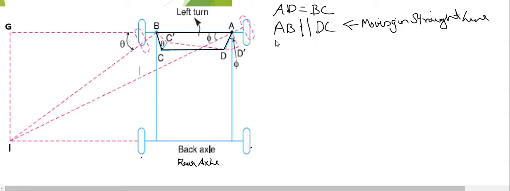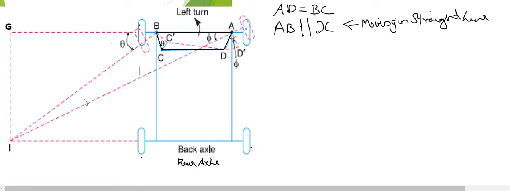And now, whatever the angle may be, let's assume the vehicle is taking a left turn. The inside front wheel, that is B, because it is a left turn, so inside will be B and outside will be A. The inside front wheel makes an angle theta, and the outside front wheel makes an angle phi.